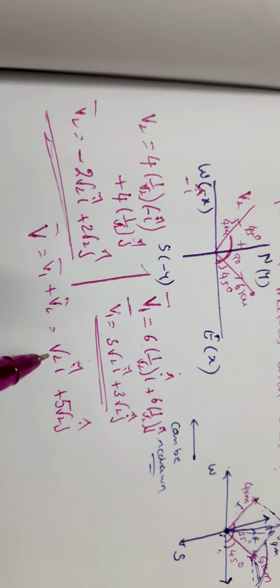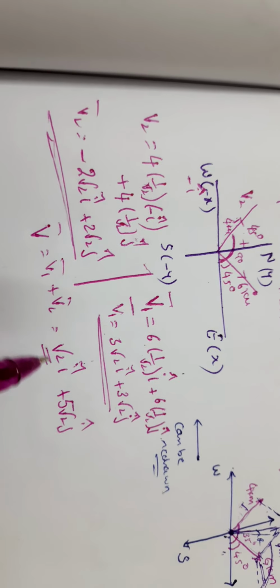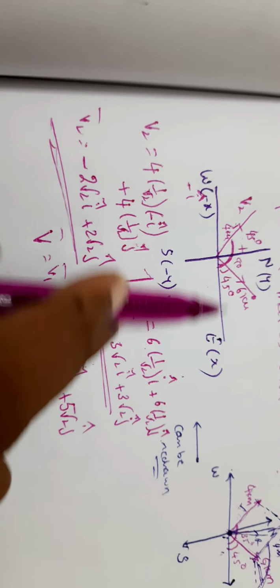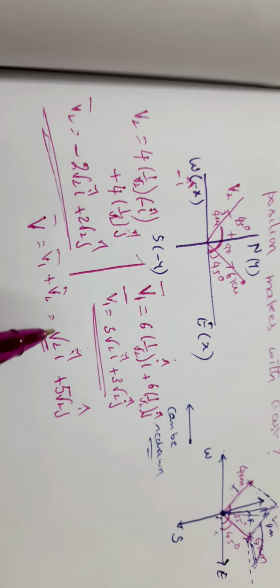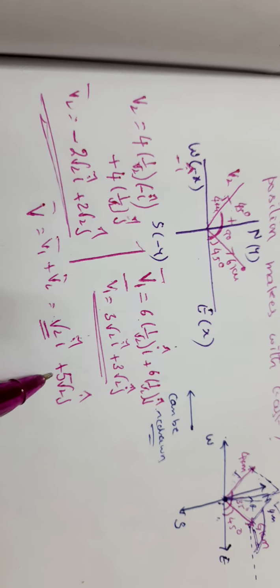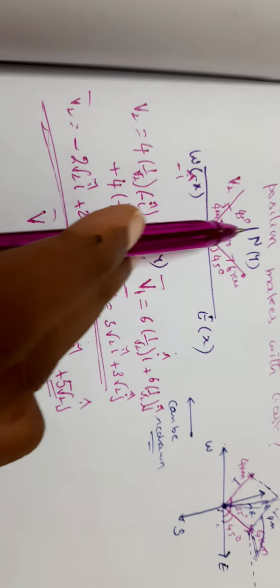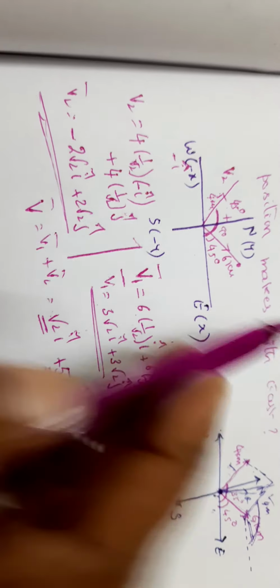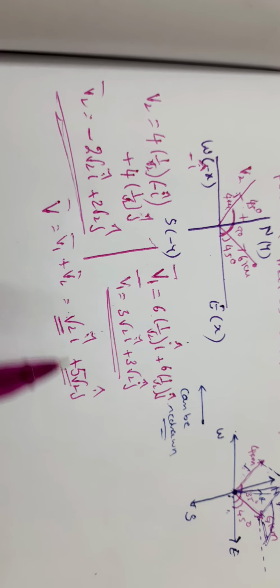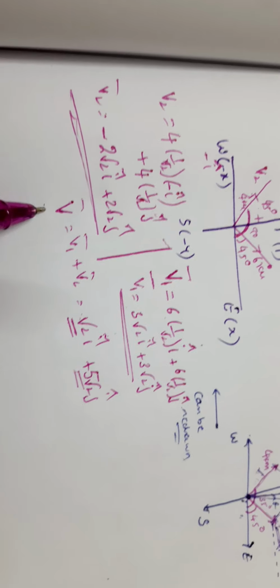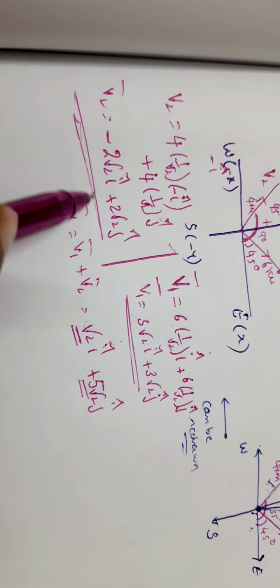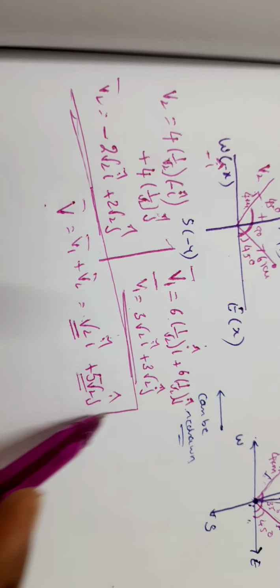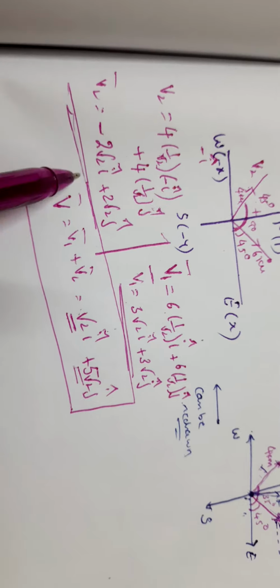That means the resultant has a magnitude of root 2 in the x direction, positive, and 5 root 2 in the y direction, also positive. So the resultant acts somewhere like this. Root 2 i cap plus 5 root 2 j cap. This is the vector form.